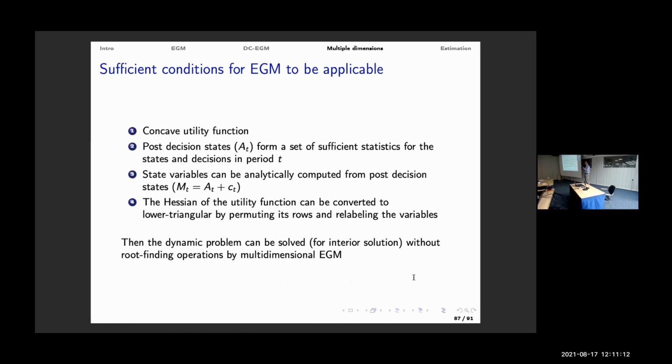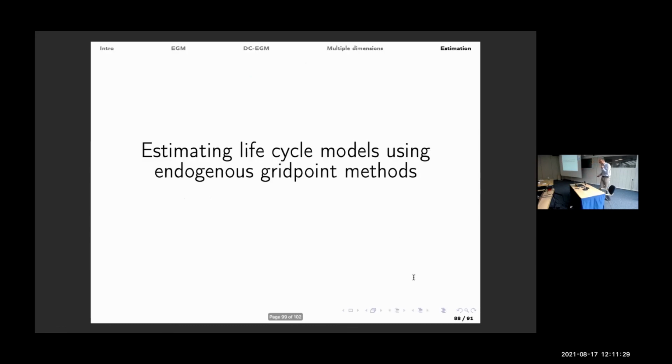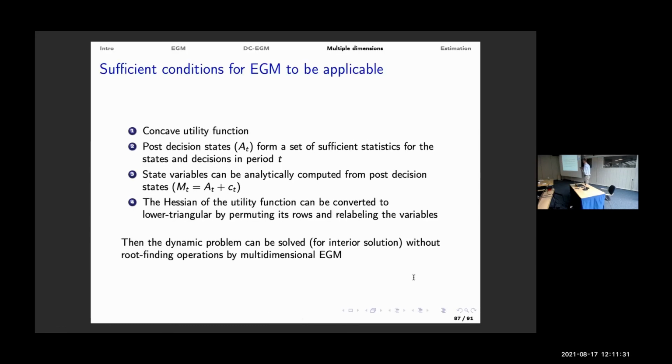If you can apply EGM to separate choices one by one, then you have to be able to invert this multidimensional Euler equation. And it's very obvious how to do that if you have the triangular structure on the Hessian. But this is a simple example. I guess the takeaway here is that it's a nice method, but only fits certain models.